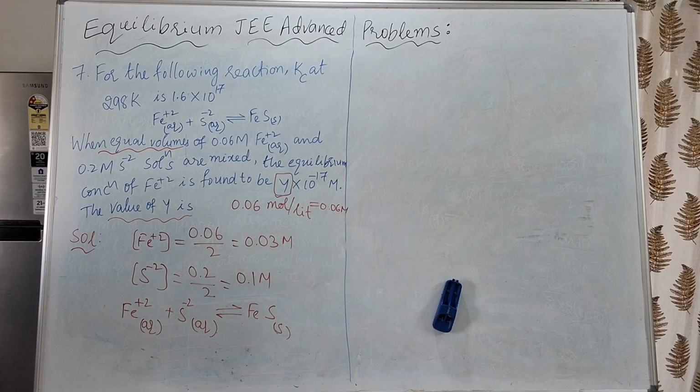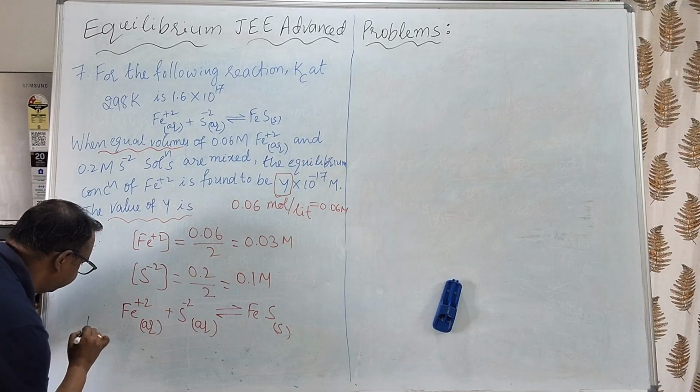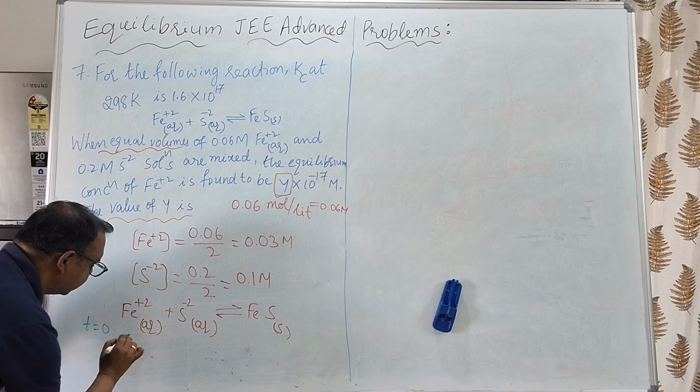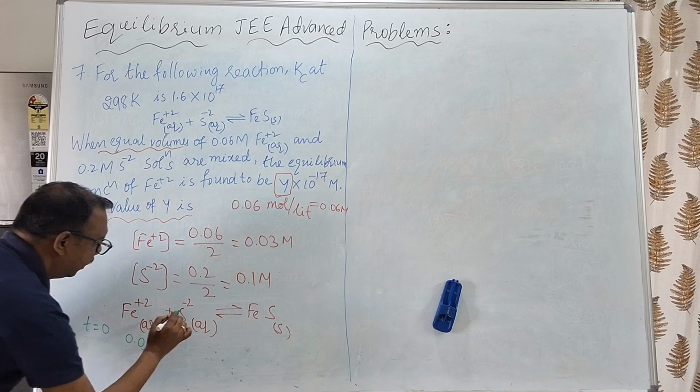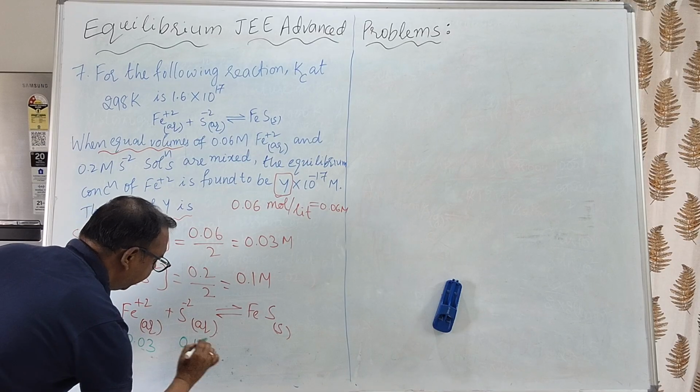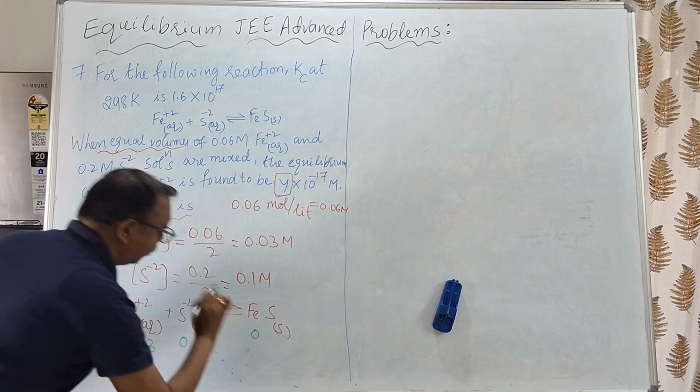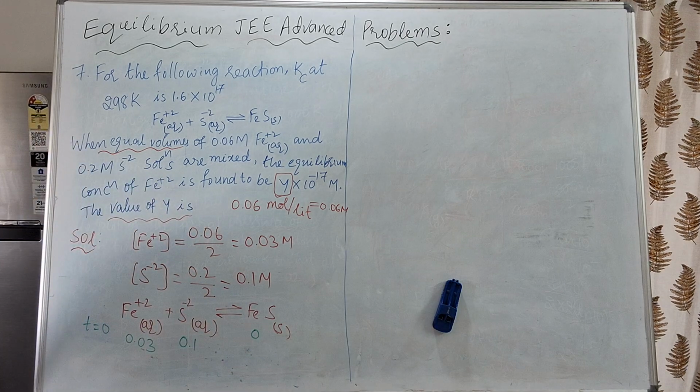At time t equal to 0, the concentrations are 0.03 and 0.1, and for the solid it is anyway 0.